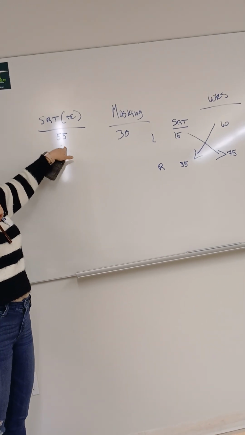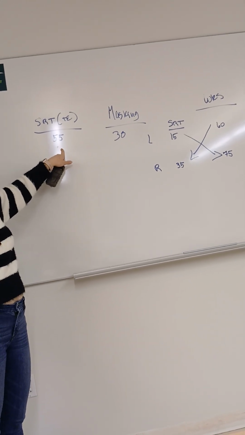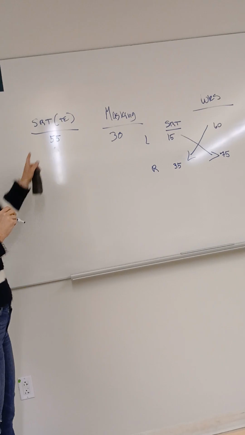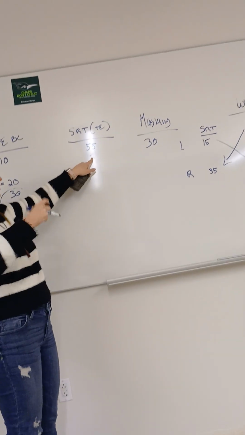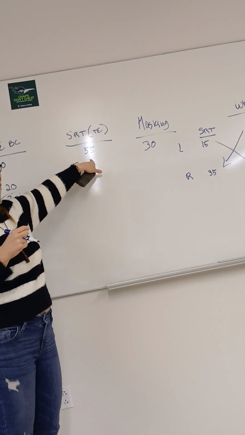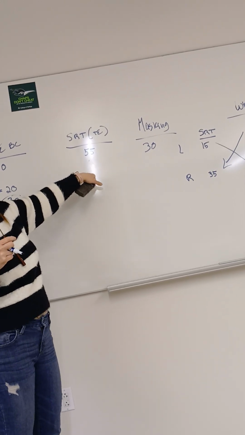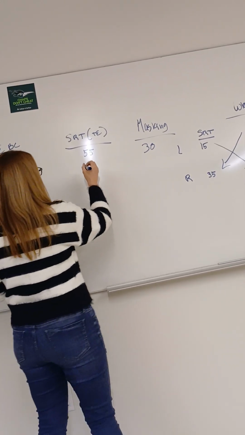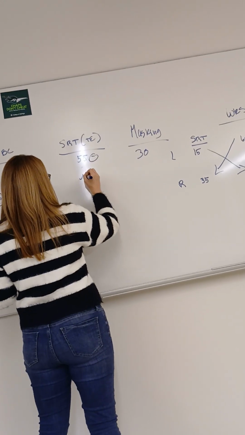You start with your 2 out of 3 at 55, start at 55, go down, and you want your 2 out of 3 there. If they don't get it, go up by 5. So now we go up to 60.